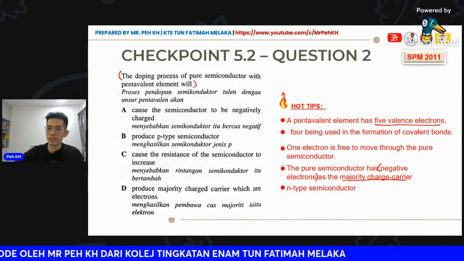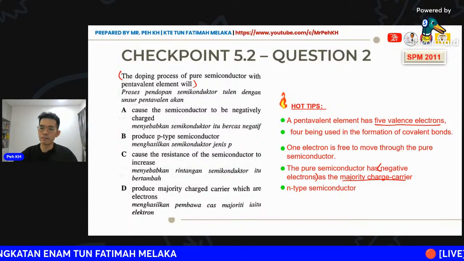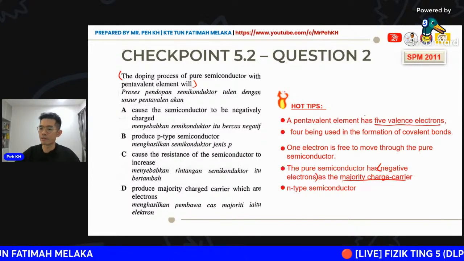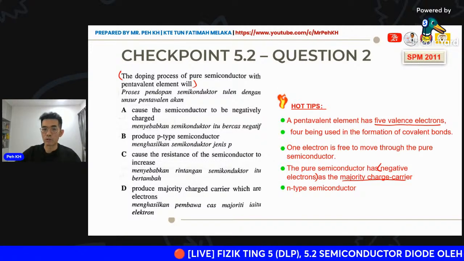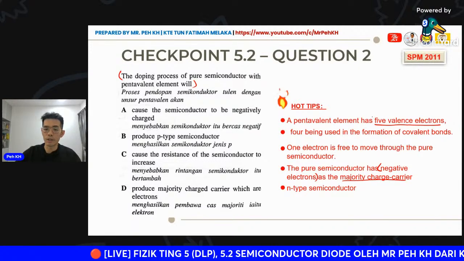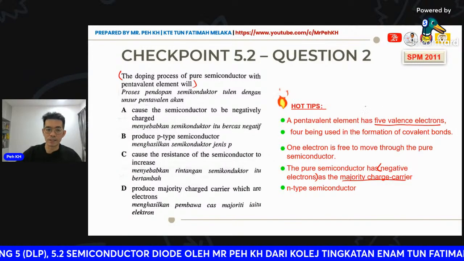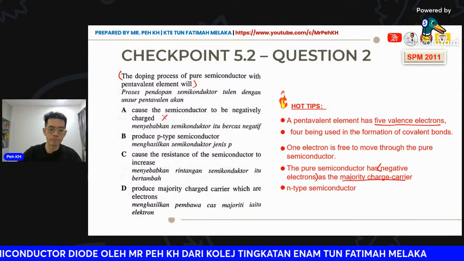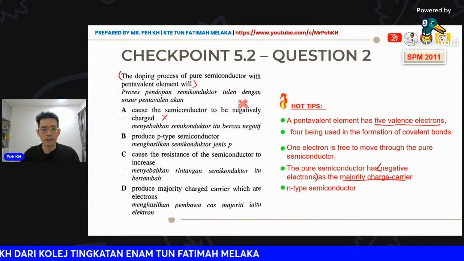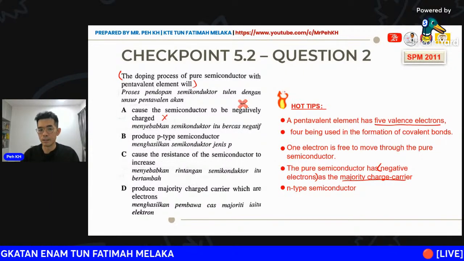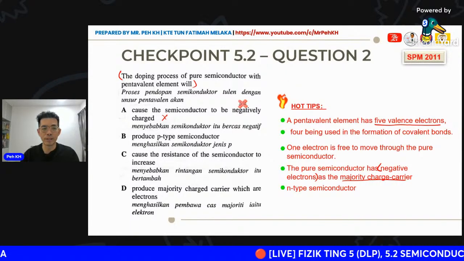Okay, if I say in this case, when we're using the pentavalent atom, so actually the major carrier will be electron. Okay, it will be electron, and this may form the N type of semiconductor. Okay, so the first is actually wrong already. Because it does not change the charge of the semiconductor, it actually adds on electrons in this case for pentavalent elements.